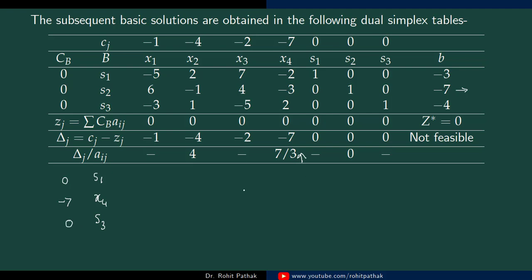Now what we have to do, we have to take this key row. In this key row, the element at the point of intersection of the incoming variable and outgoing variable is called the key element.